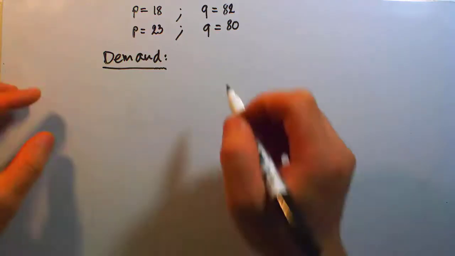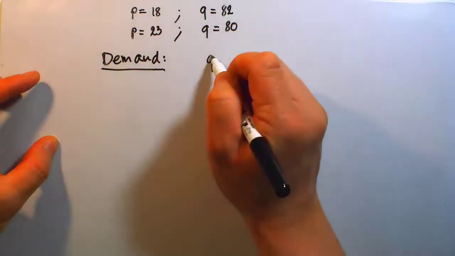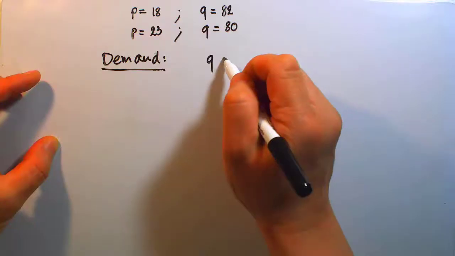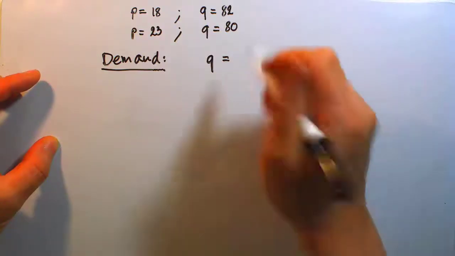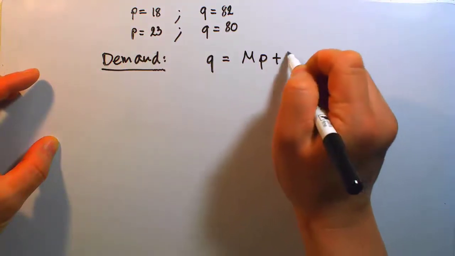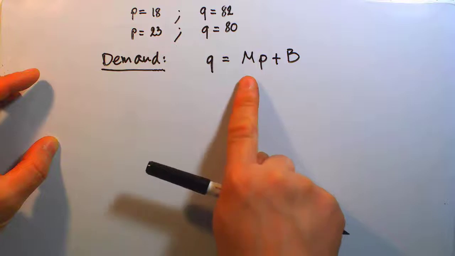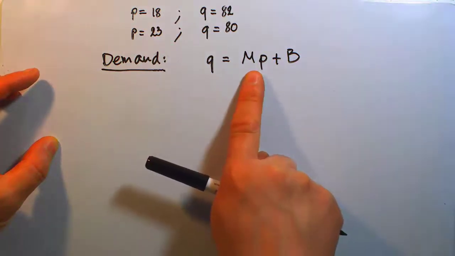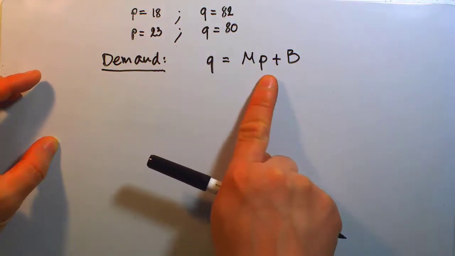So now we know that we need our demand equation expressed as Q in terms of P. And why do I know to set up a general form of slope times the variable plus B?